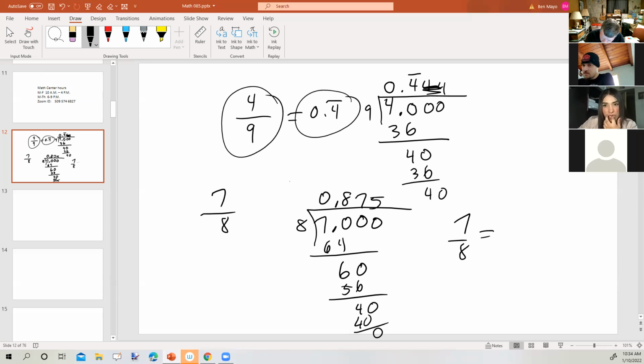So 7/8 would be the decimal 0.875. You okay with that one?